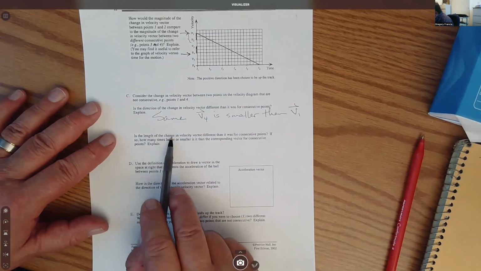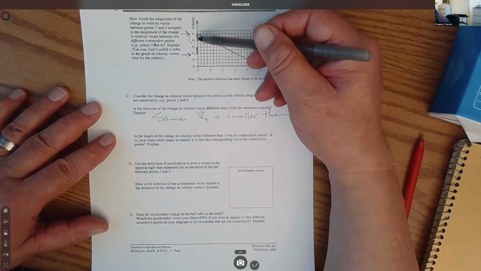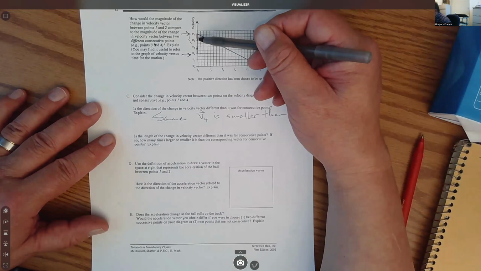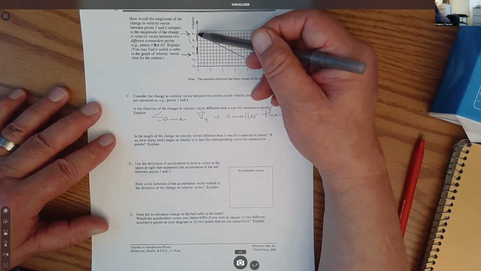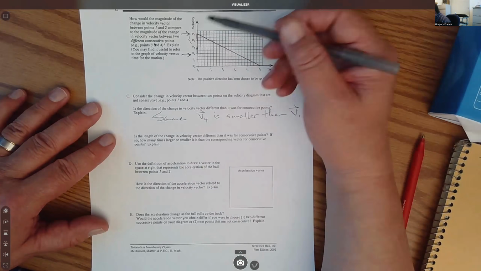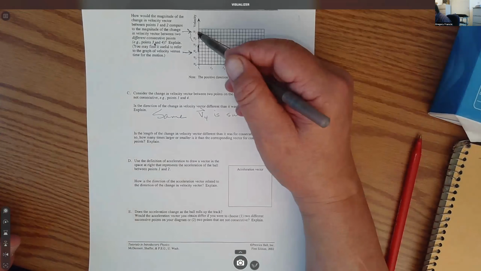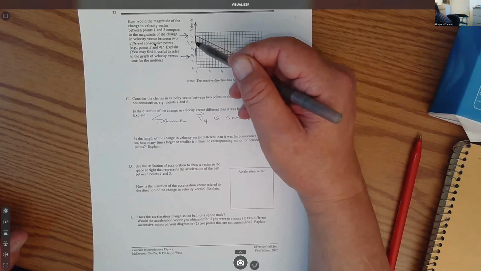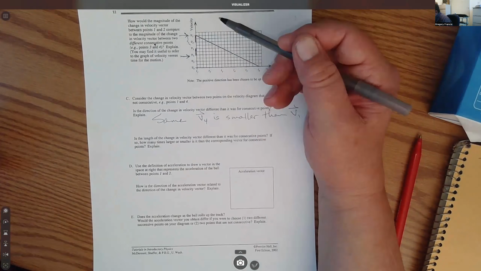Is the length of the change in velocity vector different than it was for consecutive points? Well, yes. For consecutive points, we said it was this big. And if I go all the way from V1 to V4, that was 3 time intervals. From V1 to V2 is 1 time interval, from V2 to V3 is the 2nd, and V3 to V4 is the 3rd.